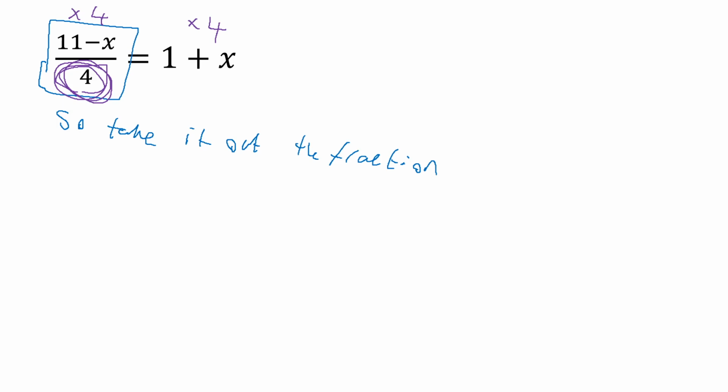Yeah? So here we're left with 11 minus x, when we multiply by 4, is equal to 4 times 1 plus x. Yeah? Because fundamentally that's what brackets are. It's 4 times an expression.